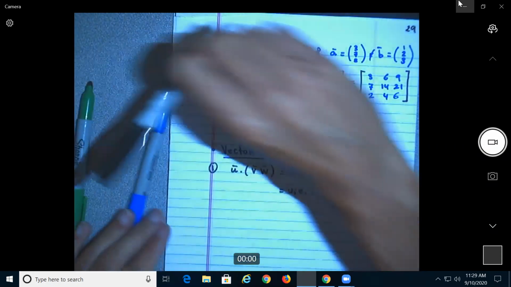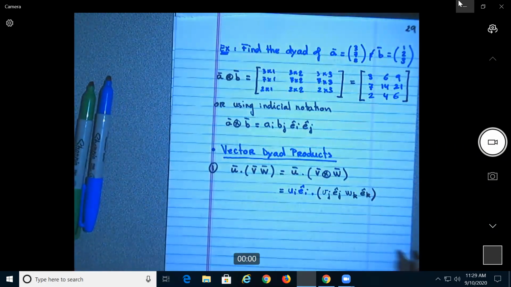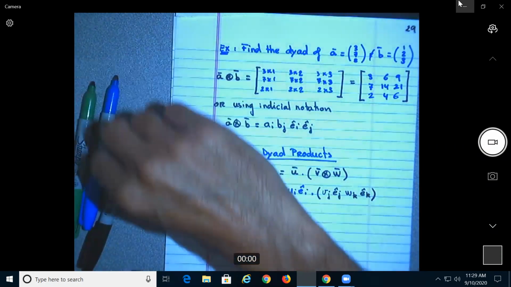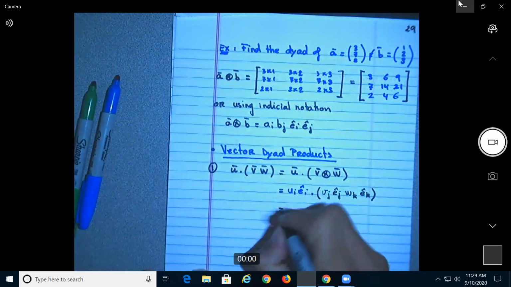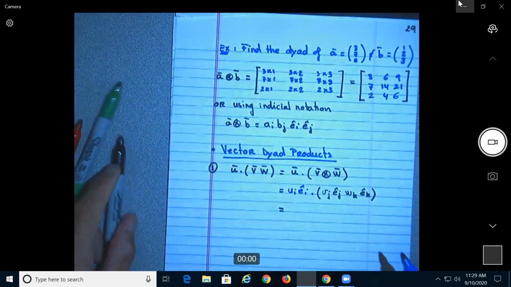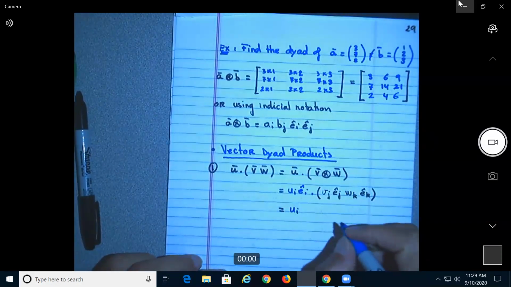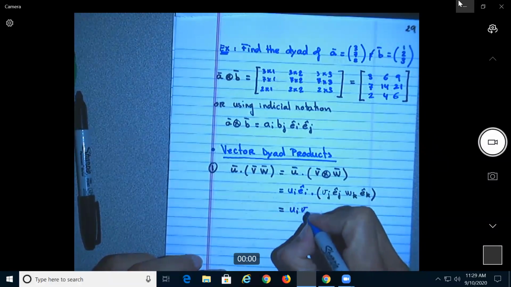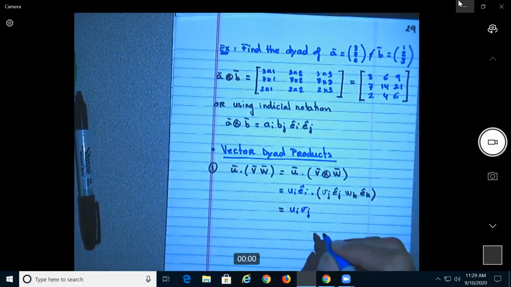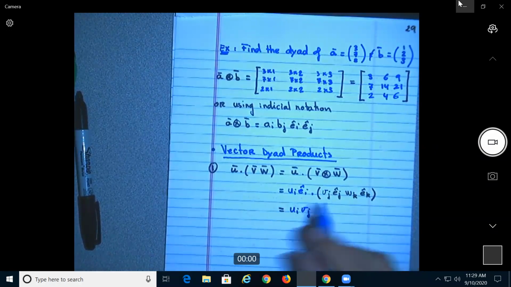Here you need to pay attention to the indexes because that's what might change everything. So this will give you U sub i, V of j. Now we need to be careful here.